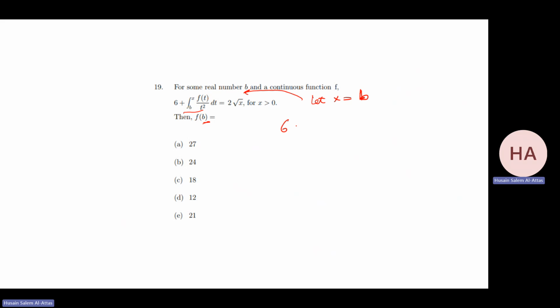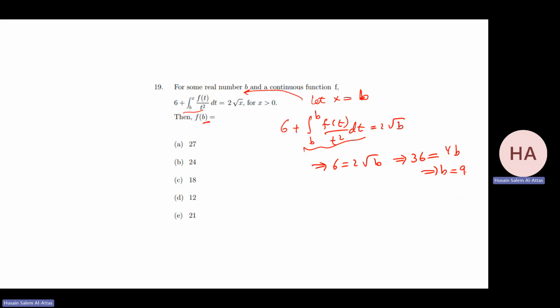You get 6 plus integral from b to b, f of t over t squared dt equal to square root of b. This is 0. So I'm getting 6 equal to square root of b, square both sides, 36 equals 4b, so b equal 9.